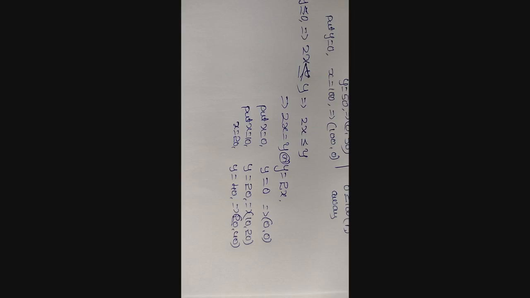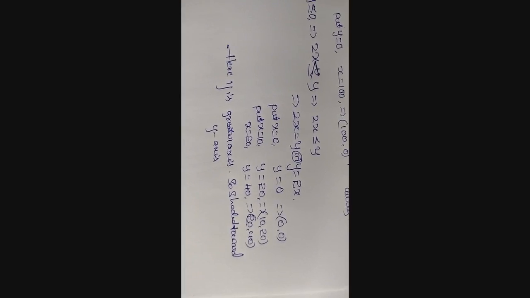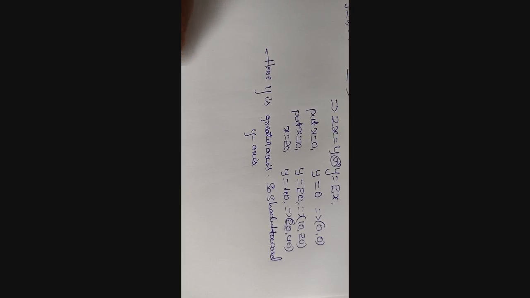Here the true side is the y axis side, so shaded towards the y axis. Understood? Next we take another inequality, the third one.